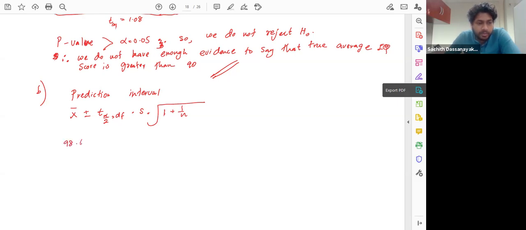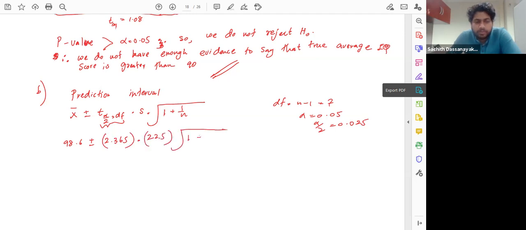So simply you can plug in the values. X bar is 98.6 plus or minus t alpha over 2. The degree of freedom is 8 minus 1, 7. Alpha is 0.05, so alpha over 2 is 0.025. Based on that, go to the t table and find this value. This value is 2.365. Multiply by s, 22.5.